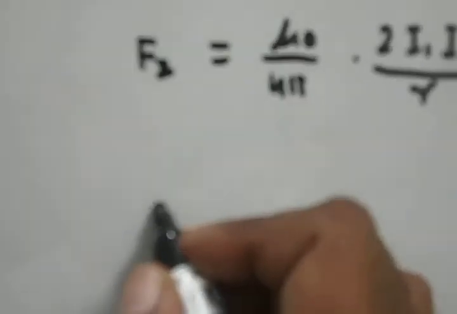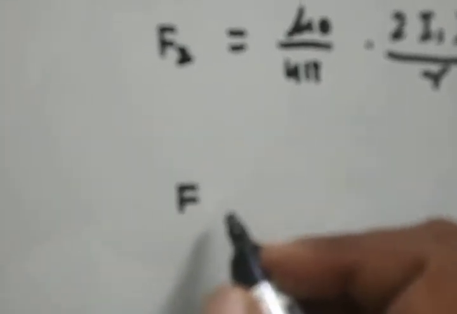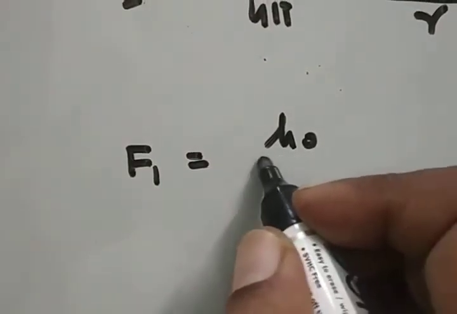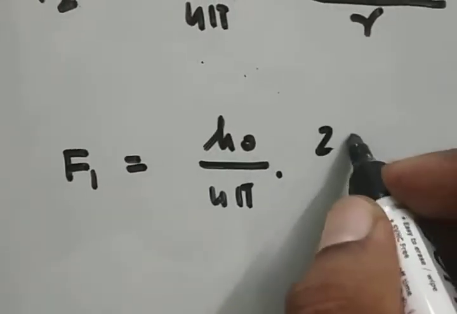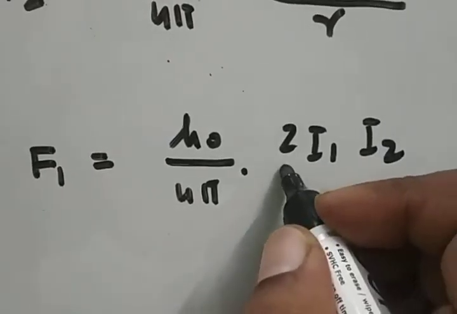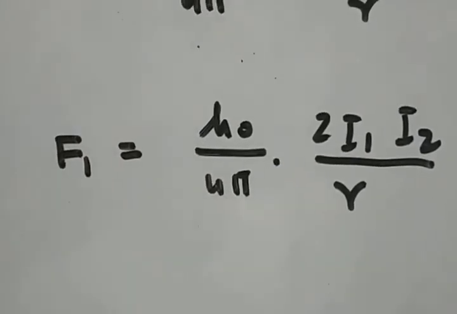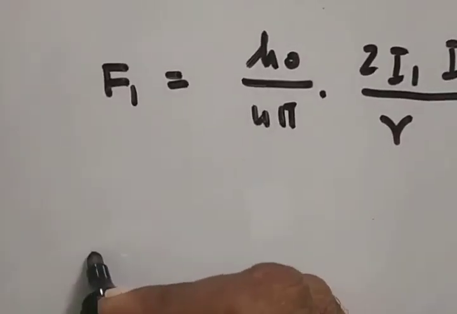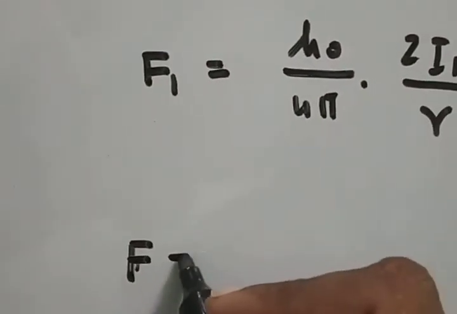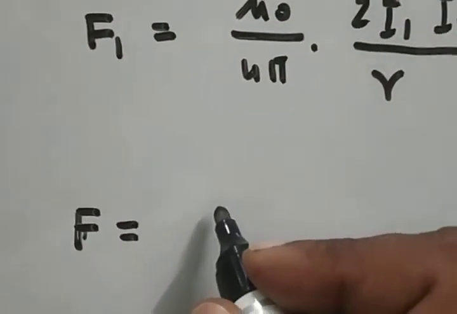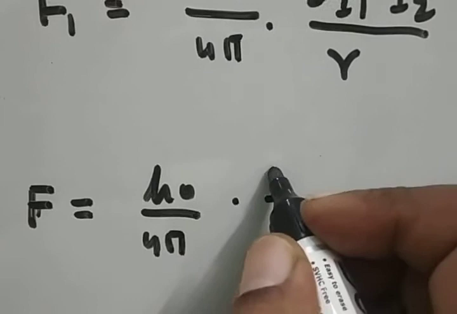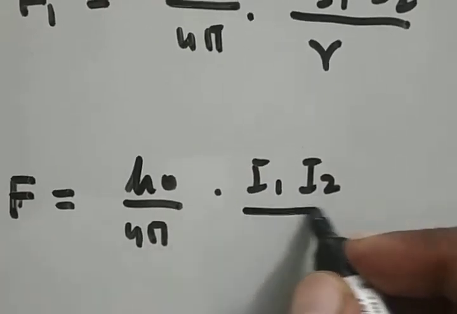Similarly, if we proceed in the same way, then we get the value of F1 the same, that will be mu naught upon 4 pi 2 I1 I2 upon R. So in general we can say this is the expression for either wire on the unit length. The force between them will be mu naught 4 pi I1 I2 upon R.